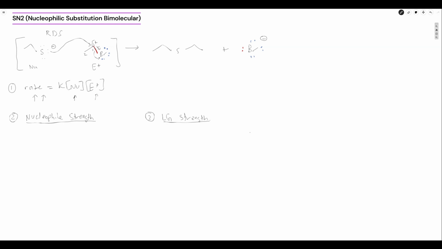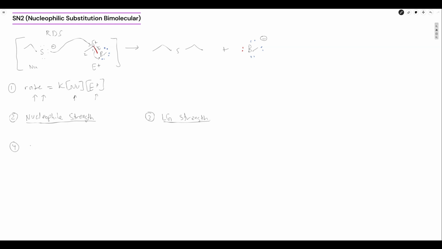So we won't get into it in this video, but I want to articulate that these are very, very important considerations for SN2. This is bimolecular, so the nucleophile has to be strong enough to push, and the leaving group has to be able to leave. It has to sort of be capable of pulling those electrons in the C1 leaving group bond and taking them with it, right? So the leaving group strength matters here.